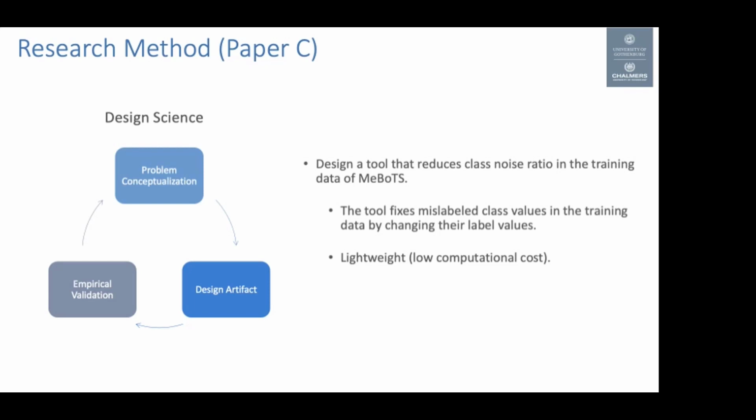The tool is lightweight in terms of computational time. It took a few minutes to handle the noise in the data set that I worked with. And the effectiveness of this tool was evaluated by applying it to the data described in the first study, and then comparing the predictive performance of the model in MeBoTS before and after using this tool.